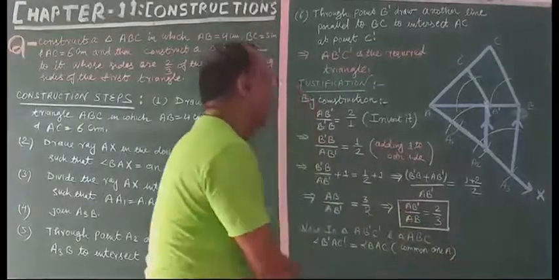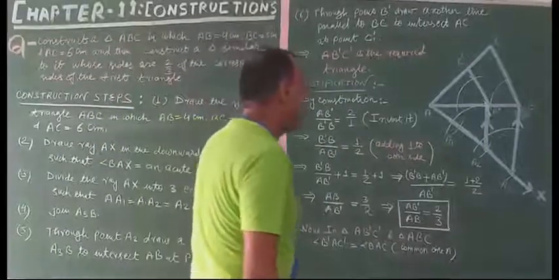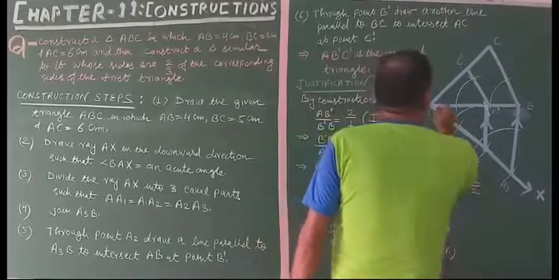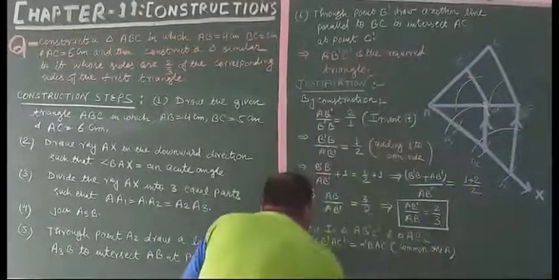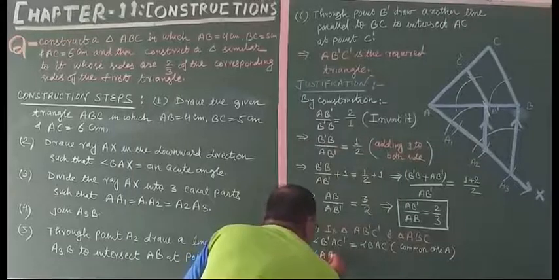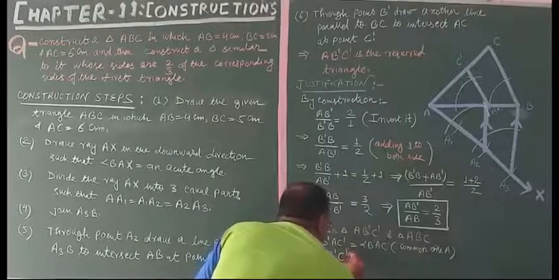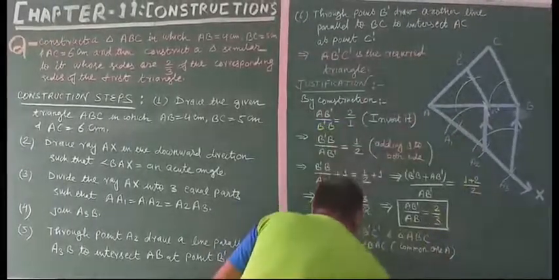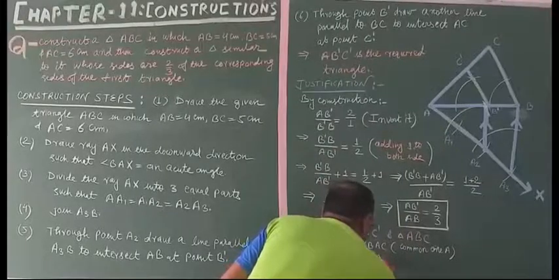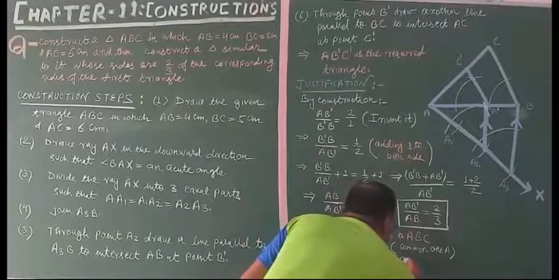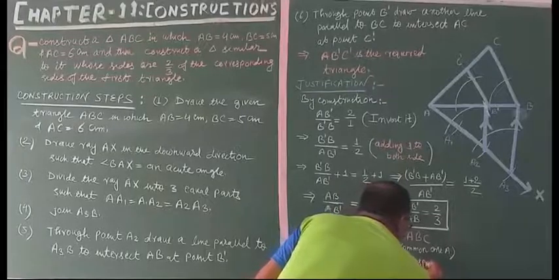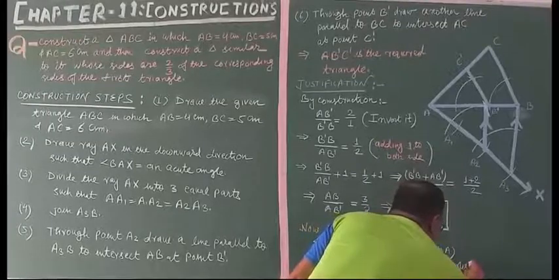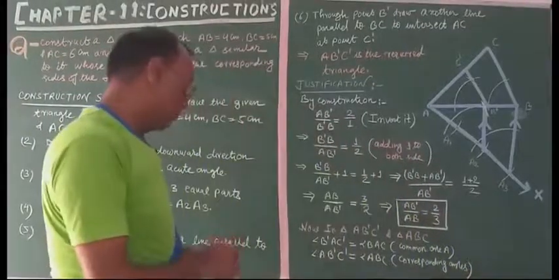And look at another thing. Angle A B dash C dash will be equal to angle ABC, and why are they equal? Because they are corresponding angles. Which one?